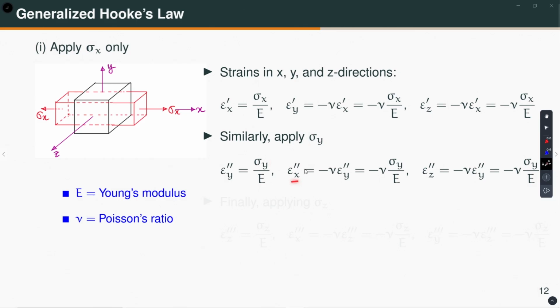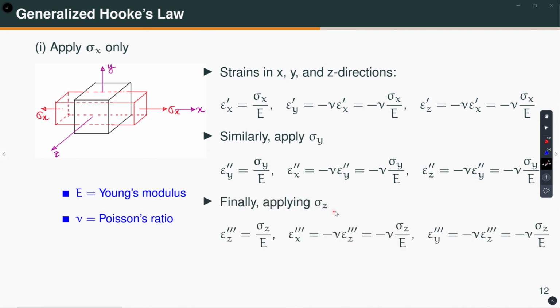Lateral strains are epsilon x double prime and epsilon z double prime, which is equal to minus nu into epsilon y double prime, which is minus nu into sigma y by E, and similarly this one. Okay. Finally, if I apply sigma z, then I am now using triple prime, epsilon z triple prime is sigma z by E, okay, and these are the strains in the lateral direction, right.